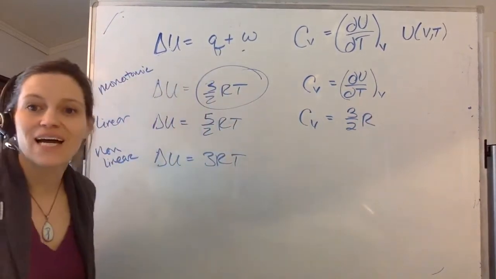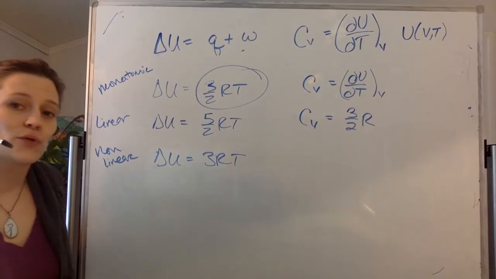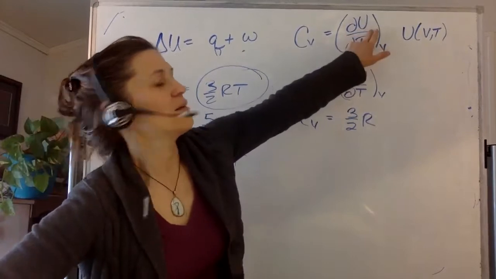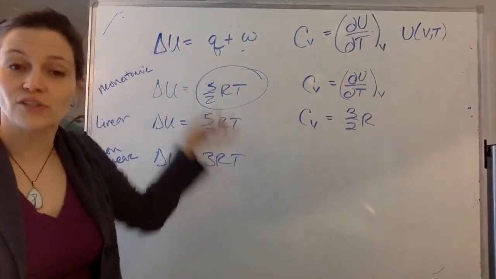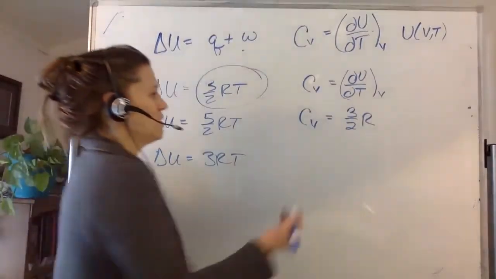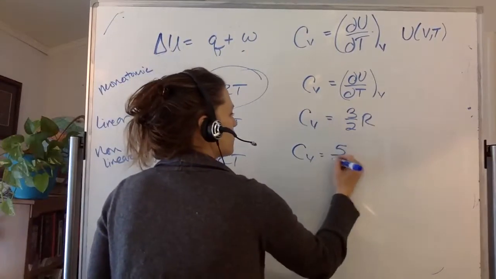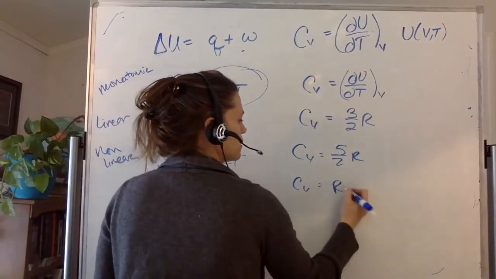The heat capacity of a monatomic ideal gas is 3/2 R. You don't need to memorize that, because if you take the partial derivative of whatever U is with respect to T, you can just determine what it is. CV for a linear molecule is 5/2 R, and CV for a nonlinear molecule in the gaseous phase is 3R.